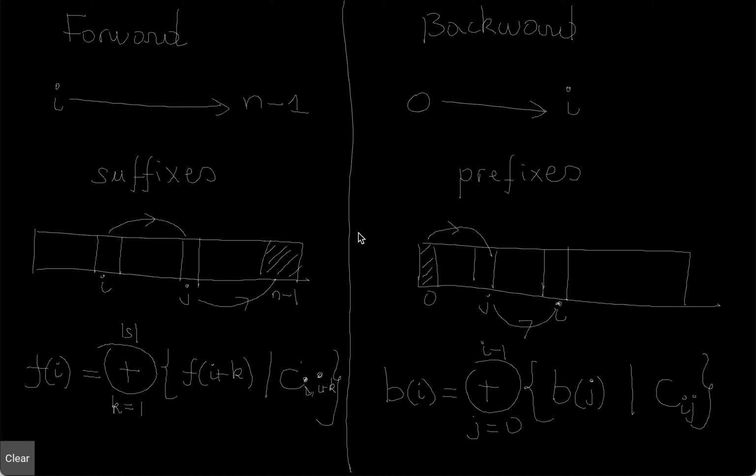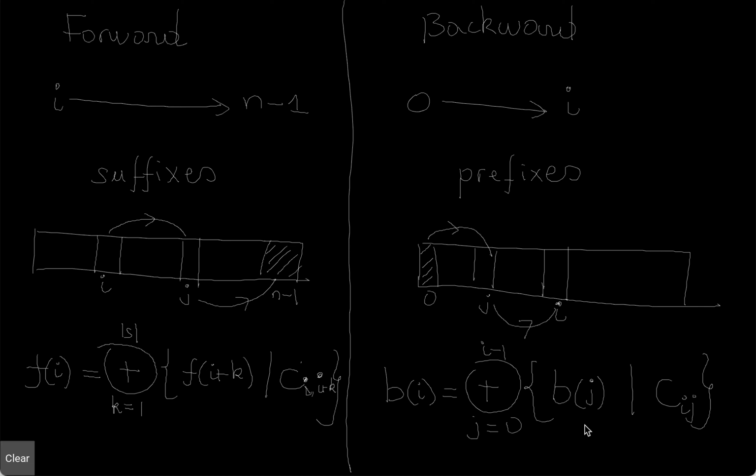The only difference that you're going to see in practice is that thinking forward is very easy, but the recursion formula is quite complicated because here you are calling the suffixes, and you're going to have some extra information that you need to keep in mind if you'd like to solve the problem in the forward way. But in the backward way it's much easier because you can actually use some tabulation.